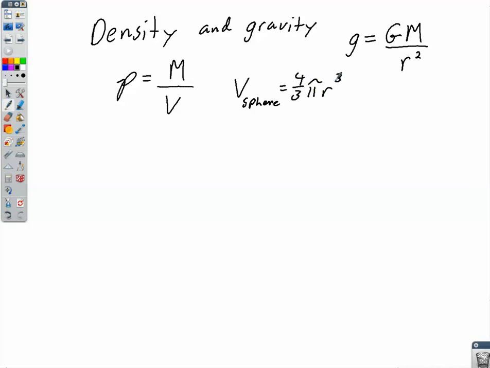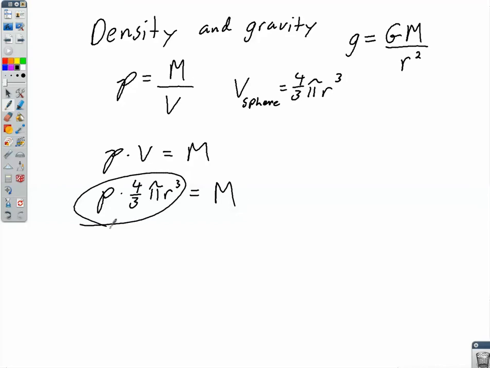So then we can use this. We've got rho times v is equal to m. Plug in the volume of a sphere. Rho times 4/3 pi r cubed is equal to m. Now we can throw this into our equations for m. And this would be maybe the mass of Jupiter, and this would be the radius of Jupiter.